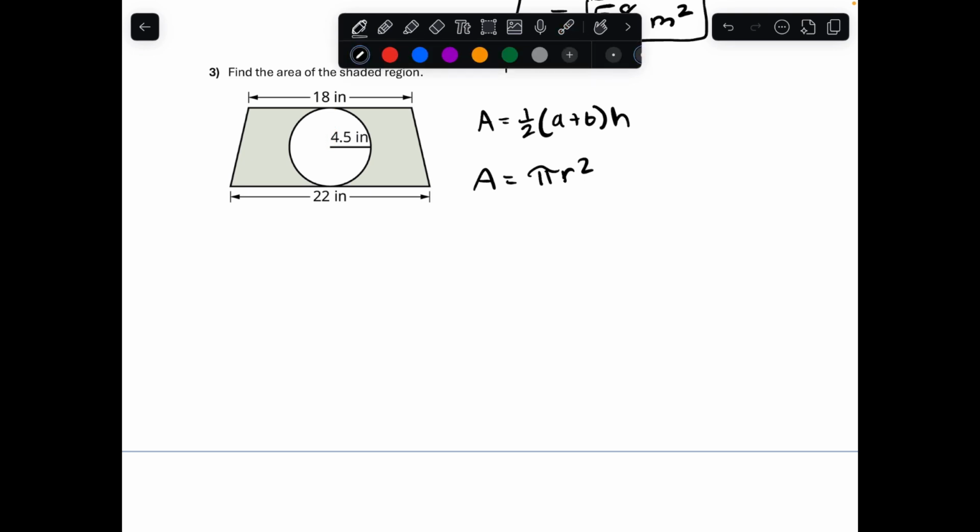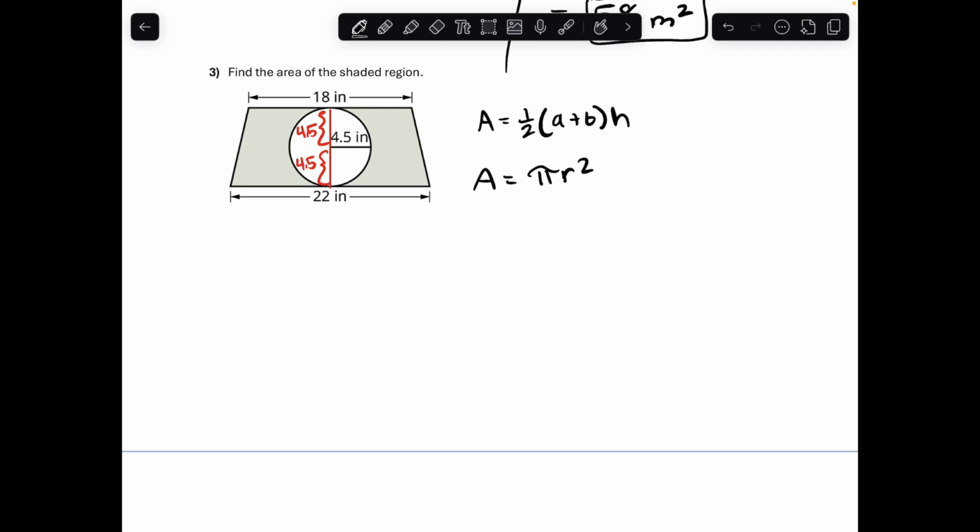And so we can actually just create our height by using two of our radii. So, adding those two radii together, we see that our height of our trapezoid is going to be 4.5 plus 4.5, which is 9 inches.